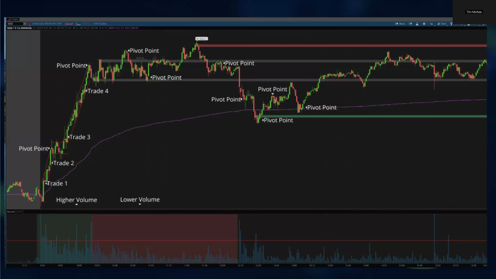But in other words, we really don't have to get out of this trade until we hit a pivot point, which signals a change in one of those three areas. It also signals the beginning of a new trend. When we hit a pivot point, once we break out, we take that as the beginning of a new trend. Okay.